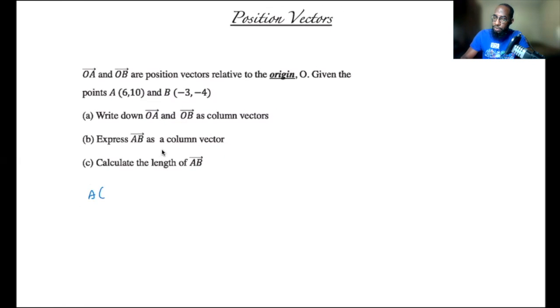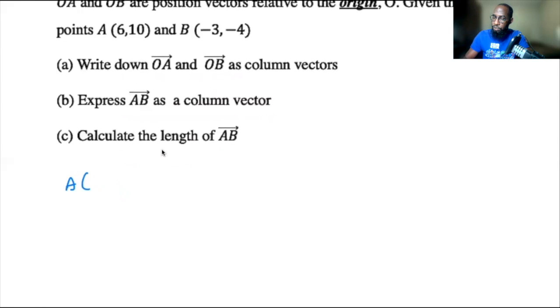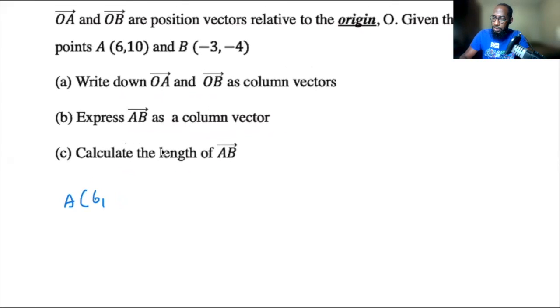A is equal to (6, 10), and we have B is equal to (-3, -4). So part A wants us to put it as a column vector. A column vector is simply a vertical format. Here is a horizontal format. This is more of a coordinate, an ordered pair.